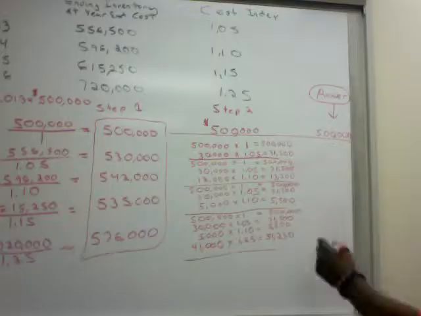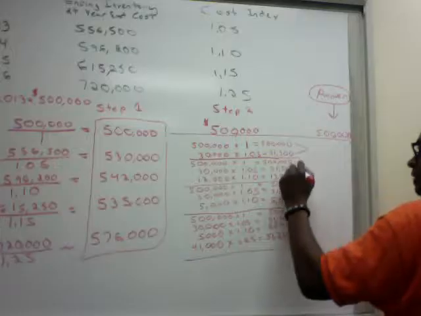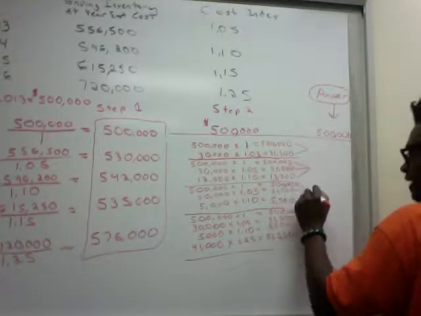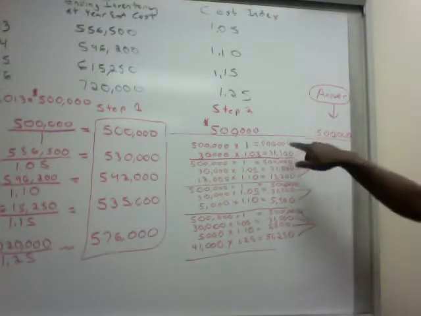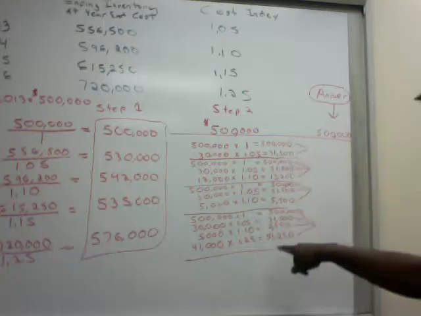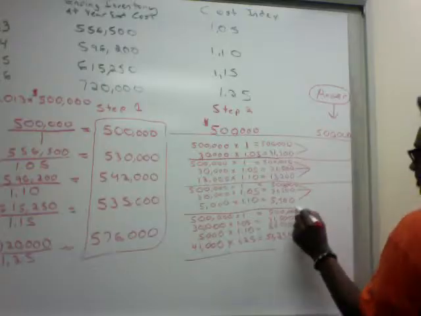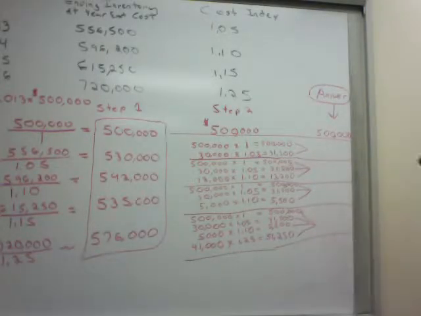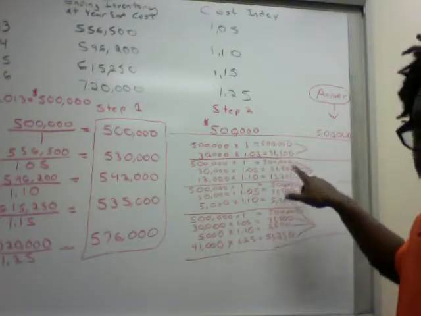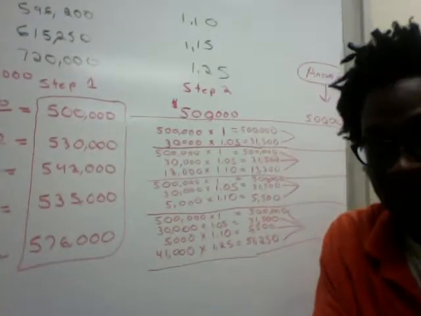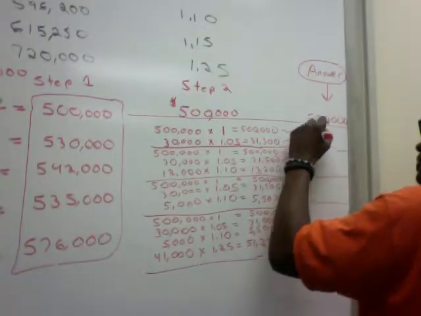Okay? Now, what we're going to have to do is add these components to get our answer for each year. So we're adding the sum of those numbers that we've just finished multiplying. So if I add 500,000 and 31,500, obviously I'm going to get 531,500.